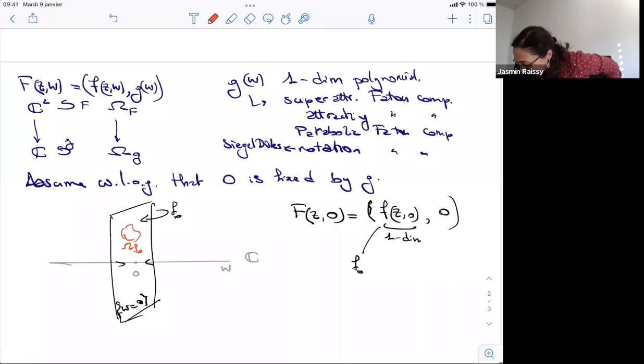Okay, thank you. Your question was very good because it led me to where I wanted to go. In here, you can ask yourself, well, the easiest case should be the attracting case. Is it true that all my Fatou components for this F naught, which is the one-dimensional map, are bulging, or inflating, like you can see them like the intersection?